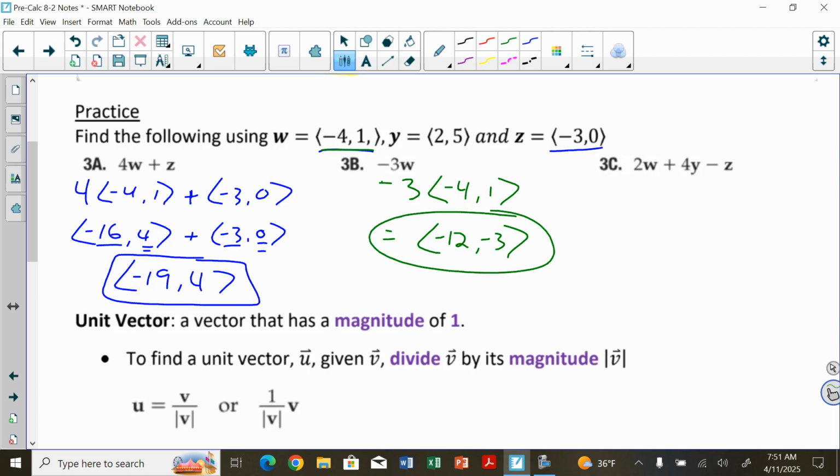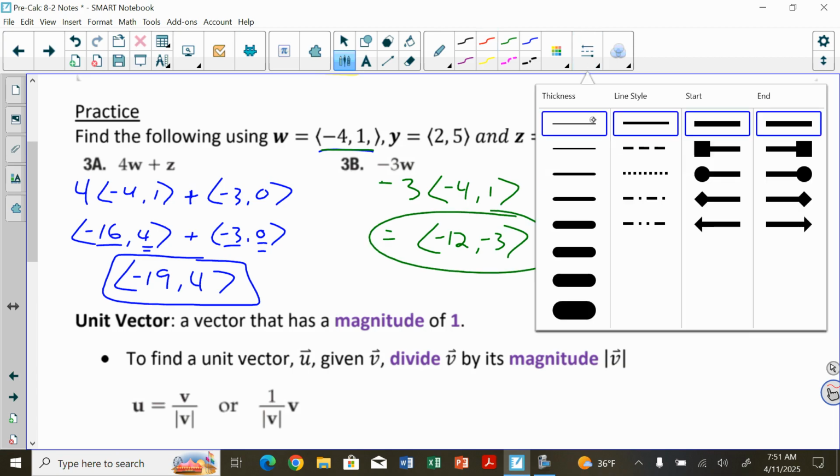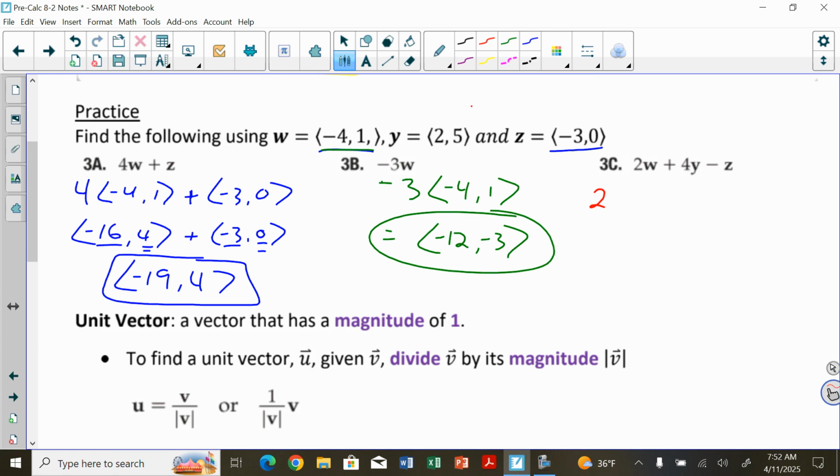Okay. Next one, we have 3 operations here. So we don't have to be scared of this. We're fine. 2 times W is 2 times negative 4 comma 1, because that was this one here, plus 4 times Y, which is 2, 5. And then minus Z, which is negative 3, 0.